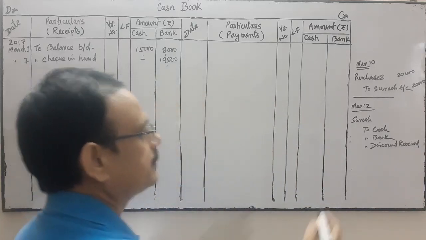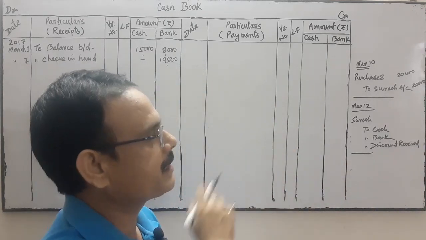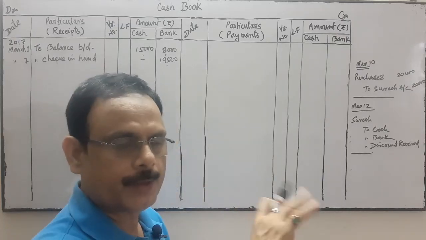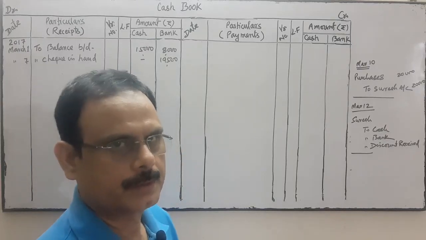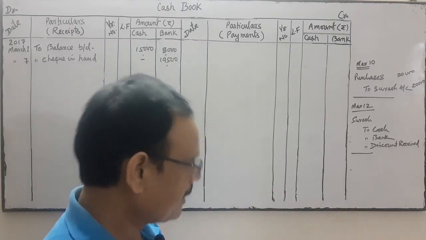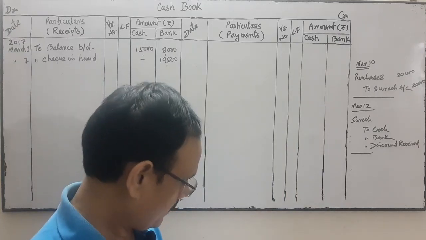This entry will be done on March 12. This is through the journal; however, we are not going to do the journal. We directly record this transaction in the subsidiary books, not through journal entries. But if you know the journal, you can operate the cash book easily.